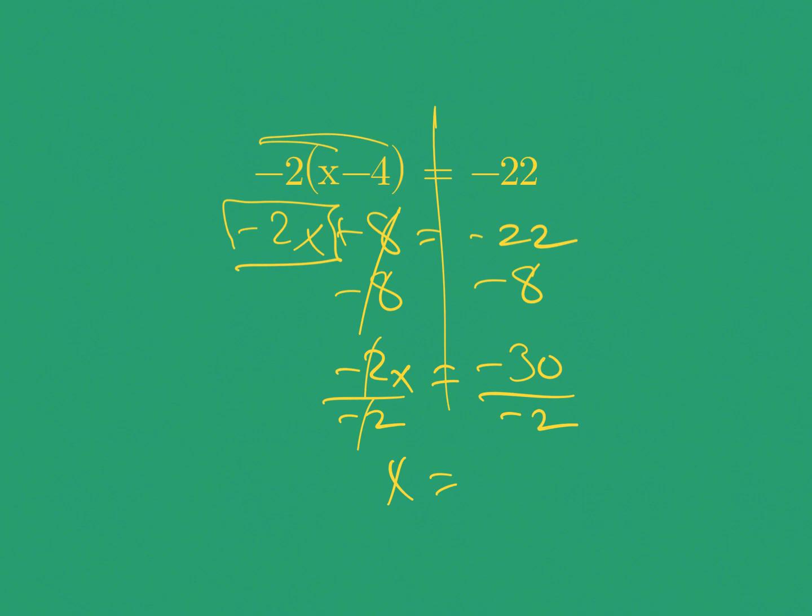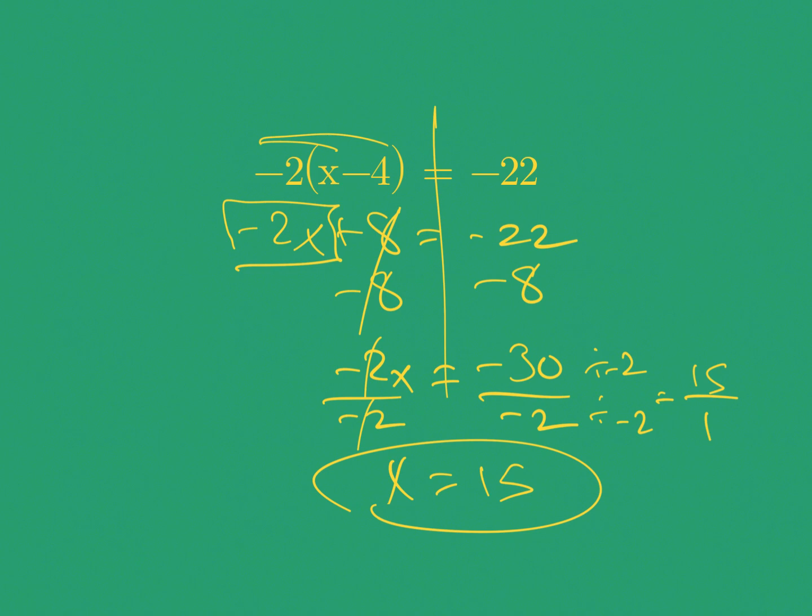And what is 30 divided by 2? Is it 15 over 1 or 1 over 15? If we divide both these by negative 2, negative 30 divided by negative 2 is 15. Negative 2 divided by negative 2 is positive 1. Should just be a positive 15.